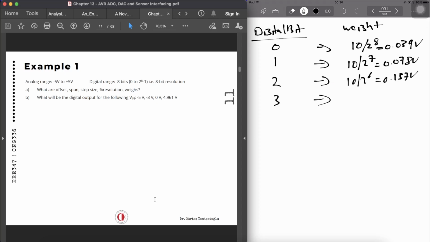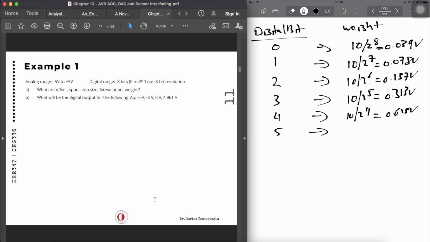Bit 3 is 10 over 2 to the power 5, which is 0.313 volts. Bit 4 is 10 over 2 to the power 4, then it's going to be 0.625 volts.